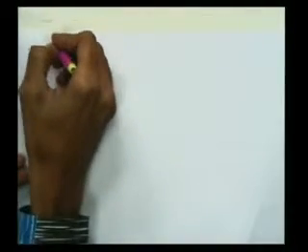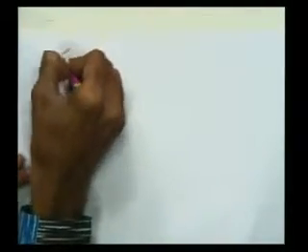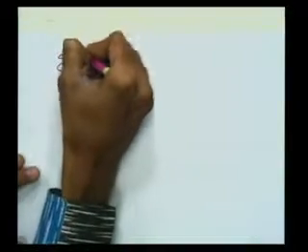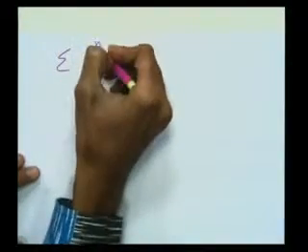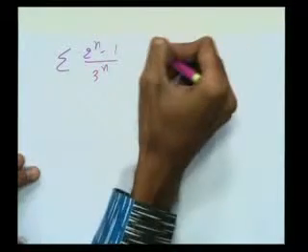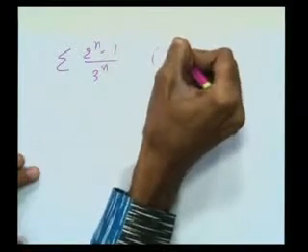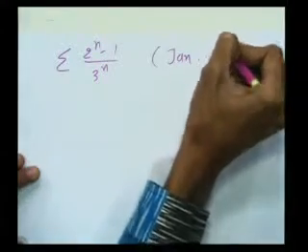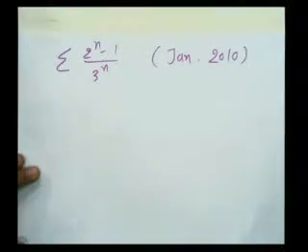Check the convergence of the series Σ (2ⁿ − 1) upon 3ⁿ. This example was in GTU January 2010.